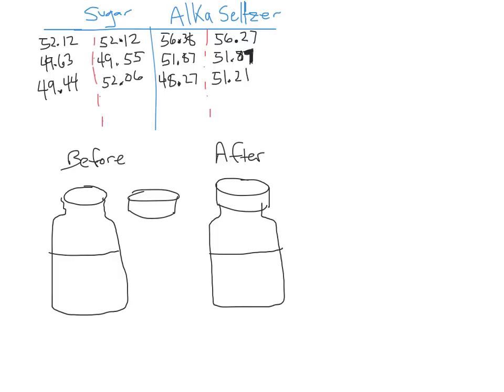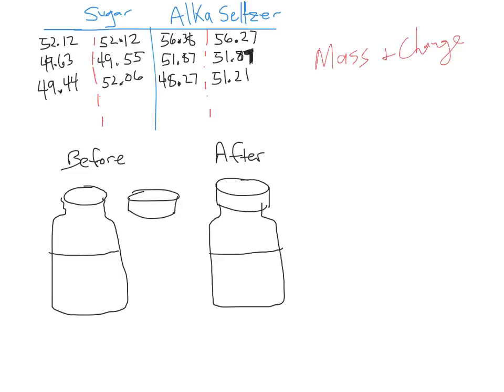Alright everybody, we are talking about the Mass and Change lab. Hopefully we got done with all of the steel wool stuff and we are finally onto the sugar and Alka-Seltzer portions of the lab.